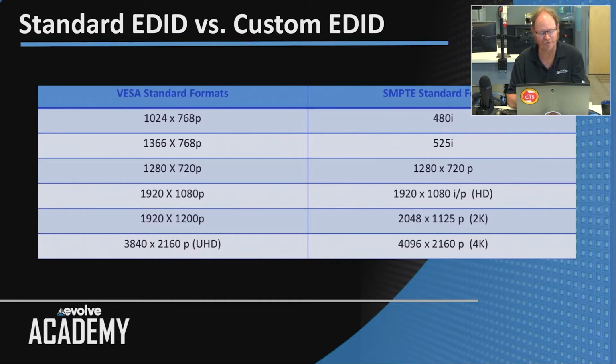I is not your friend. 2048 by 1125, 2048 by 1080, cinema resolution 4096 by 2160, 4K cinema type resolutions, 3840 by 2160 UHD is a VESA standard. So these are standard SMPTE standards and VESA standards.